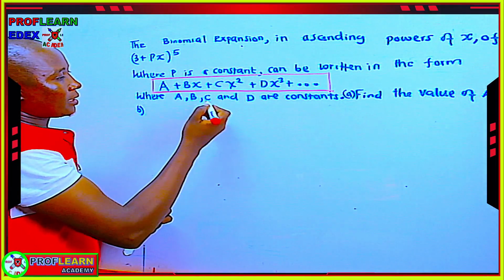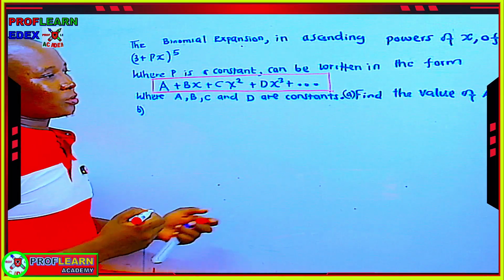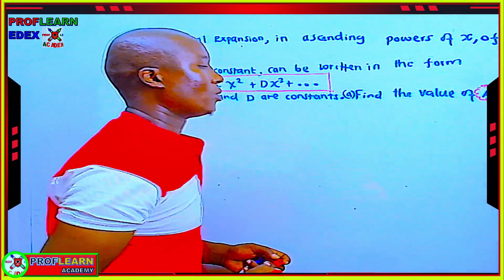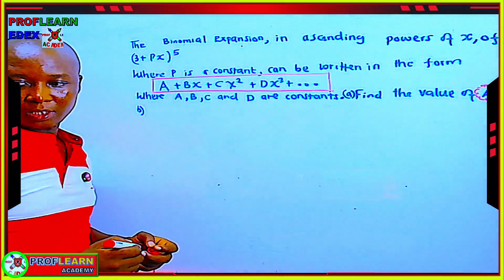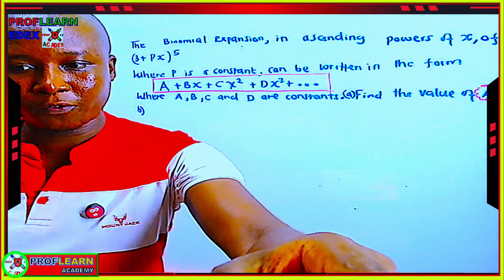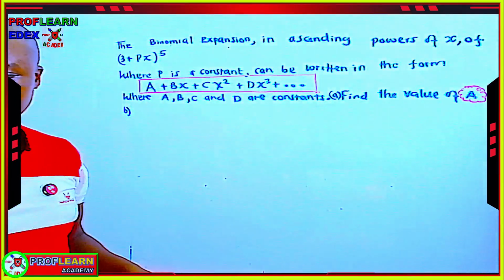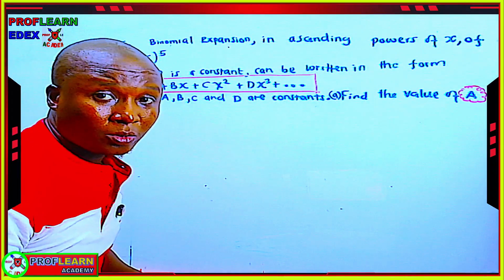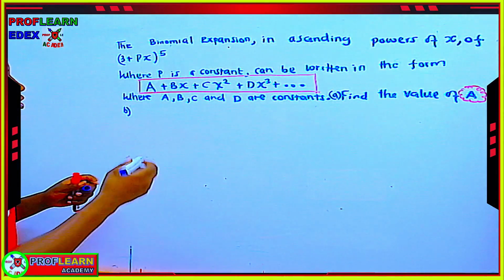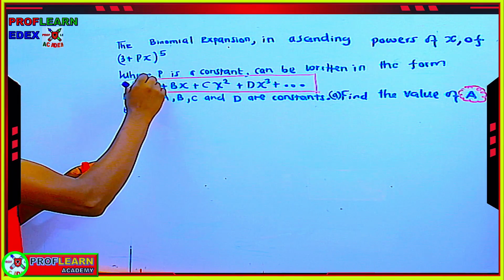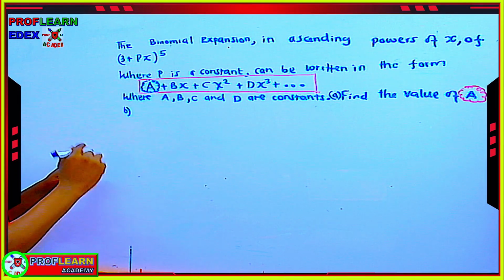Where a, b, and c are constants, we are supposed to find the value of a. Now, if you are told to find the value of a, you need to remember that this is the first term of this binomial.